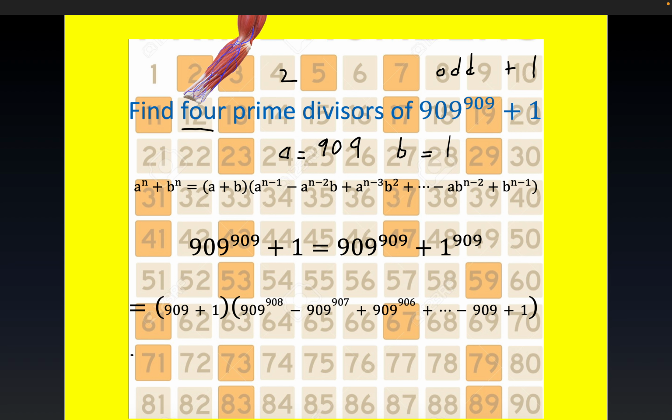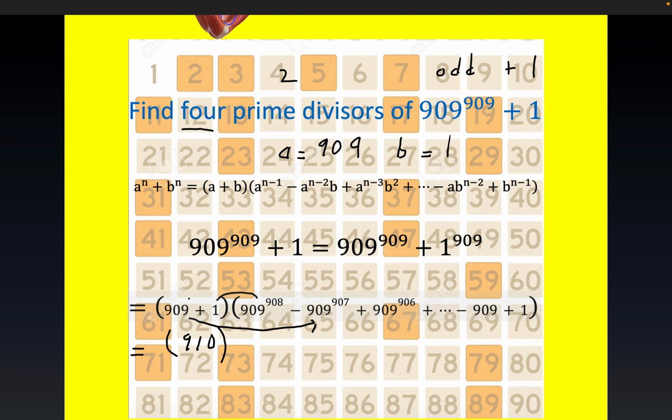And this very first factor sums up to 910. Now, just a comment about this: if you don't trust this identity up here, it's kind of what they call telescoping, I guess. If you take a look right here, look at the 1 times the 908. Right, that's a positive 909 to the 908. But now, if you take 909 and multiply it by this, you get minus.